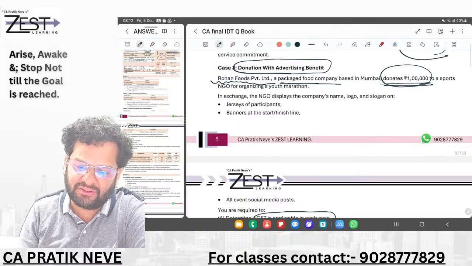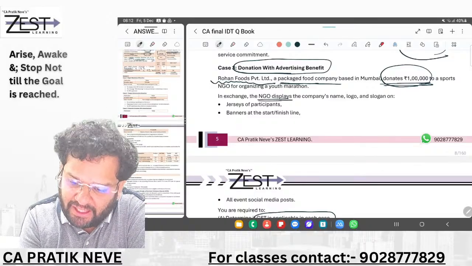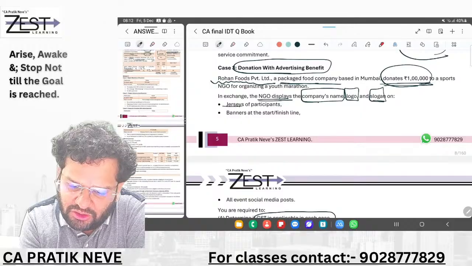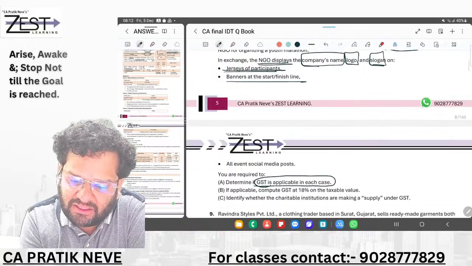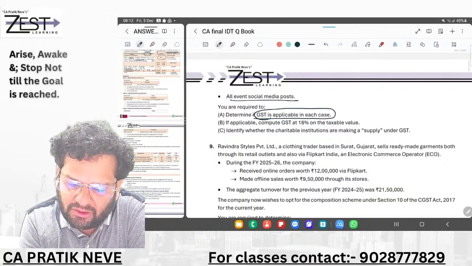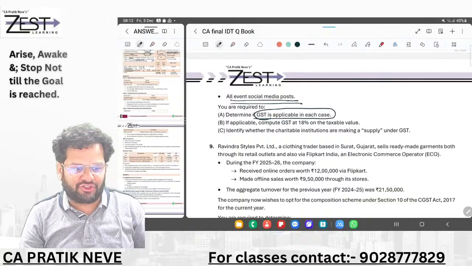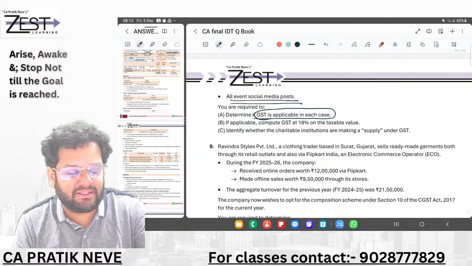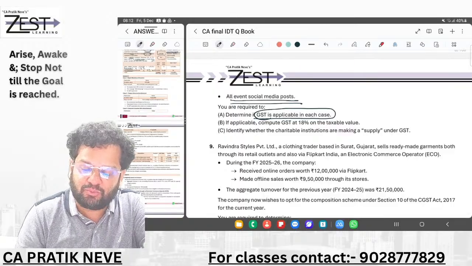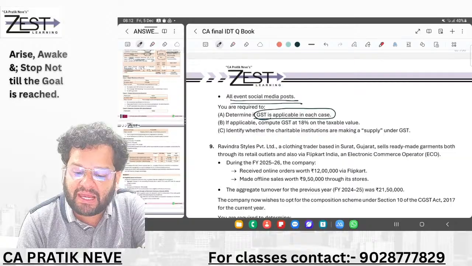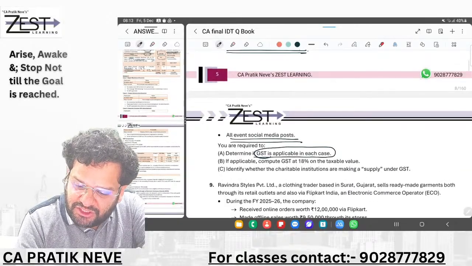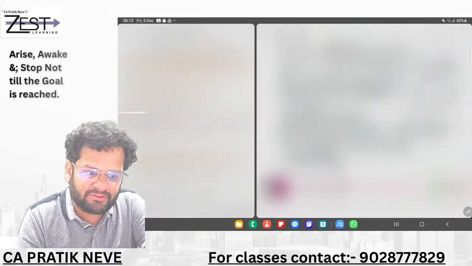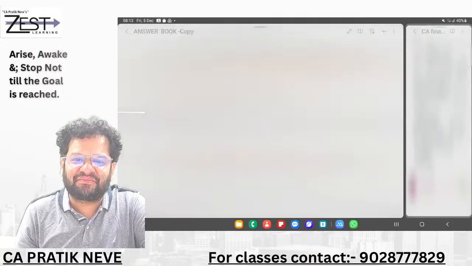In exchange, the NGO displays the company's name, logo, slogan on jerseys of the participants, banners at the start and finish line, and all event social media posts. So actually this is 1 lakh rupees given for advertising or sponsorship services. So it is a supply. In the last case, there will be GST at 18% on that 1 lakh rupees. Is it clear to all of you?